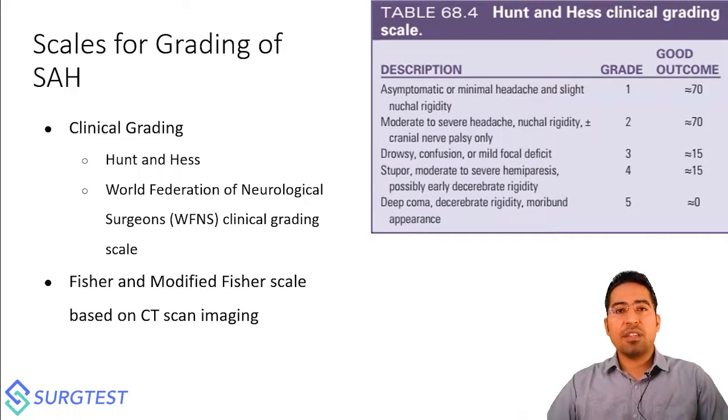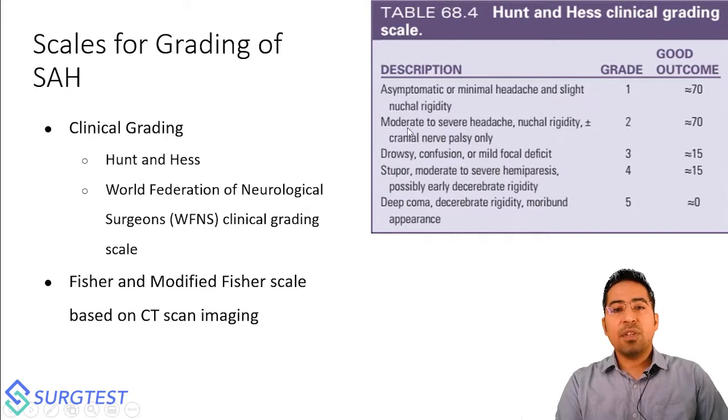The Hunt and Hess grading scale is a clinical scale whereby you grade the subarachnoid hemorrhage patient based on his clinical parameters. If the patient comes to you asymptomatic, or with minimal headache and only slight nuchal rigidity, that patient will be grade 1 on the Hunt and Hess scale, and the outcomes are good, up to 70% good outcomes.